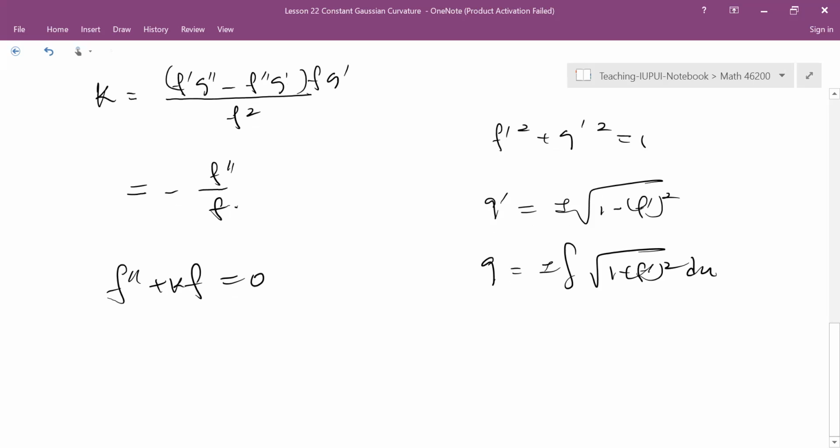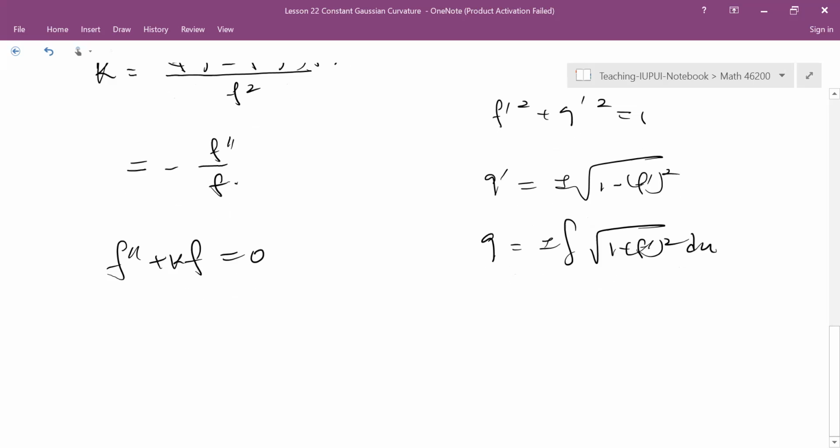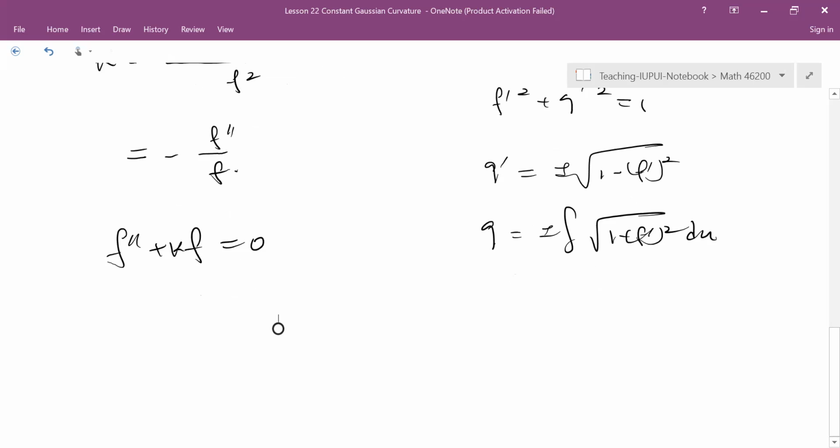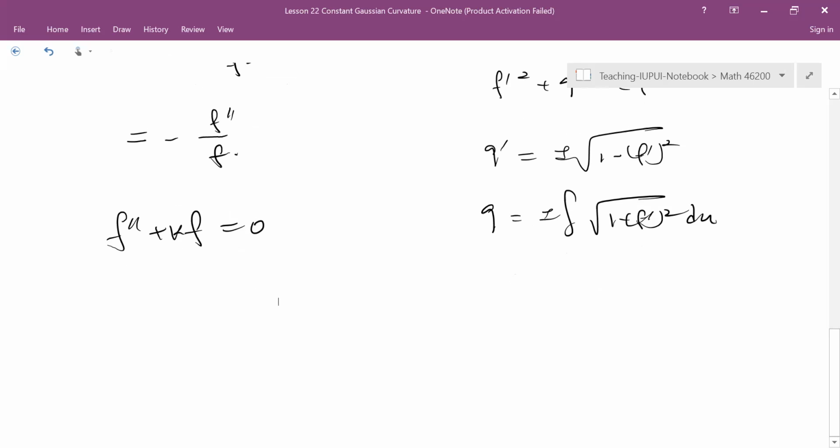The general solution you can have as the following. The most interesting solution is with f(0) equal to 0 and f prime(0) equal to 1.